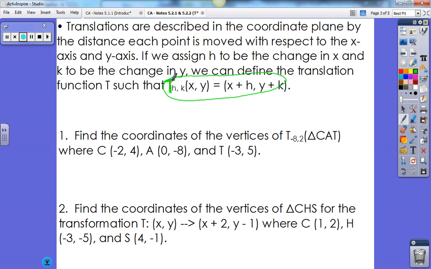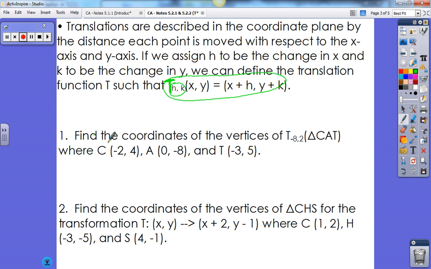We'll look at what that looks like with a reflection and a rotation, but capital T is a translation, and h, comma k is for the x and the y values that it's moving. So if I'm moving it h for x and k for y, then I would add h to x and add k to y. When we look at it with numbers, I think it'll make a lot more sense.